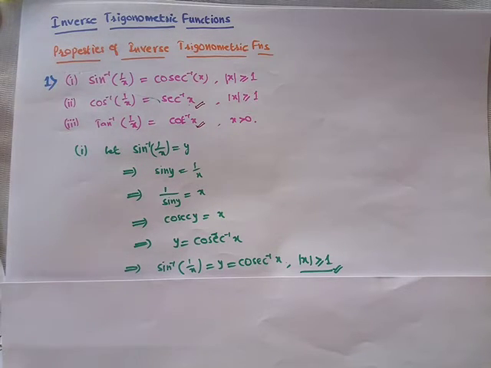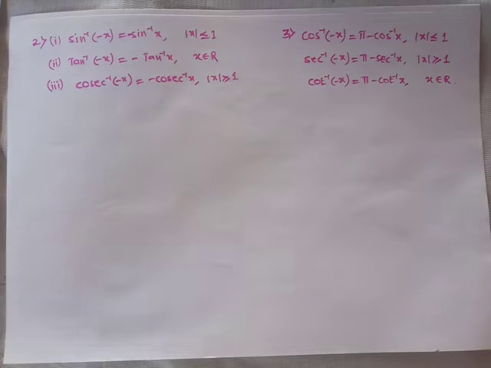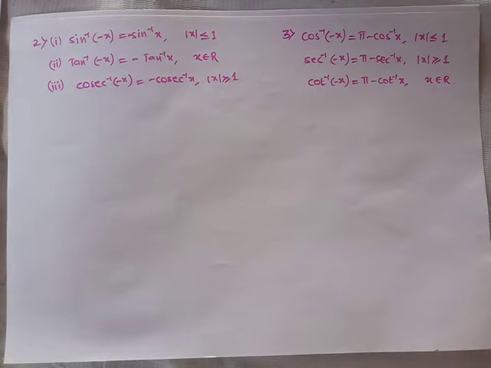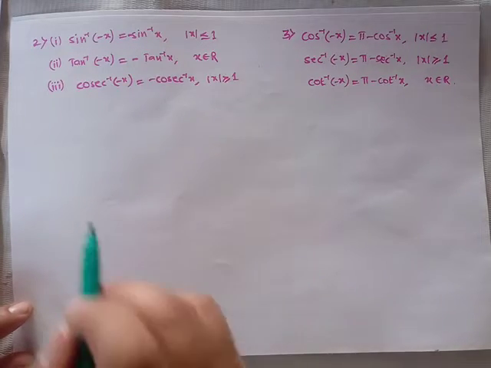So try to understand. Coming to the next properties, minus x. Taking the minus x in sine inverse, tan inverse, cosec inverse, cos inverse, secant inverse and cot inverse, we'll see. It is divided into two types.